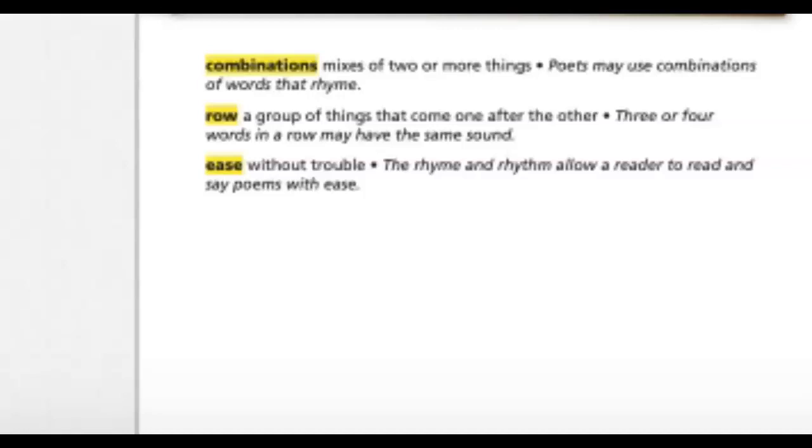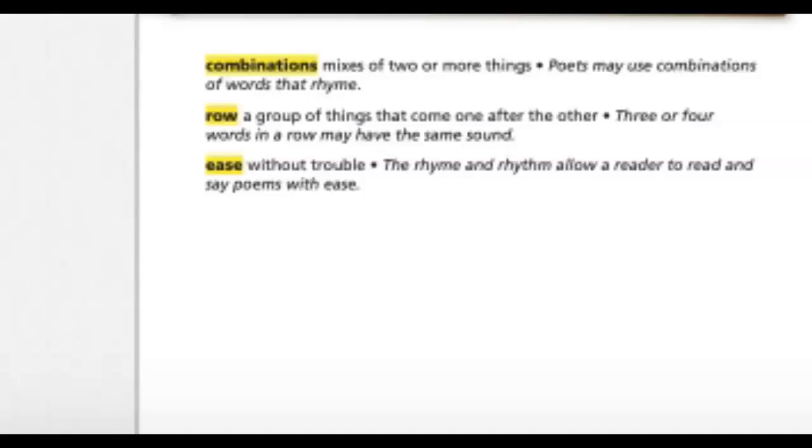When I think of a row, I think of seats and seating, like in a church or maybe in a stadium, how there are rows of seats. There can also be we sit in a row on the carpet for story time. That's what Mrs. Collier thinks when I see the word row.